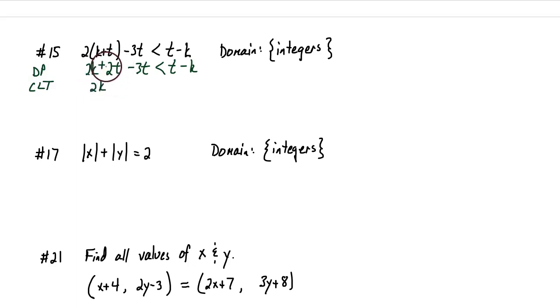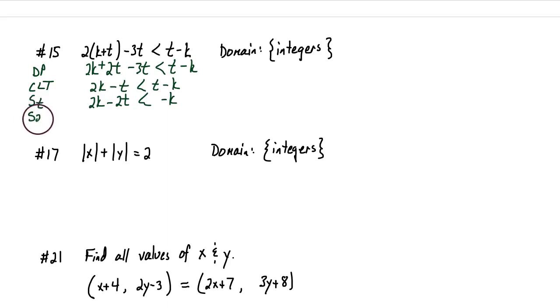So 2k and then positive 2t minus 3t combines to a negative 1t. Next, let's subtract t from both sides. We get 2k minus 2t is less than negative k. I get negative 2t here because I have a minus t and I'm subtracting a t.